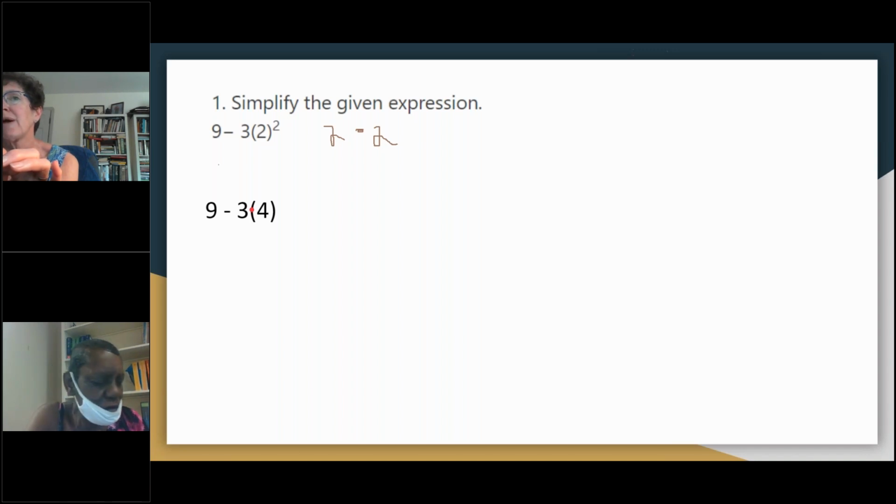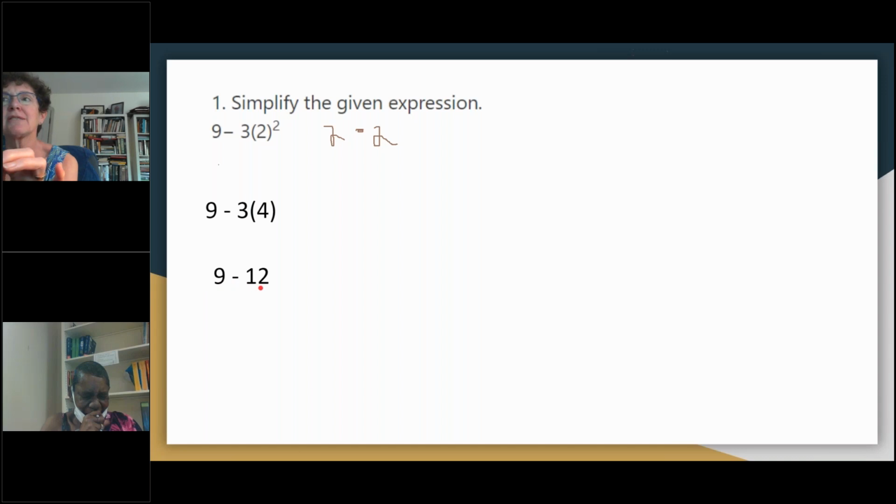When we're doing algebra, it is very common that we don't put the multiplication symbol in. We just put in parentheses. So that means 3 times 4, which is 12. And then 9 minus 12.